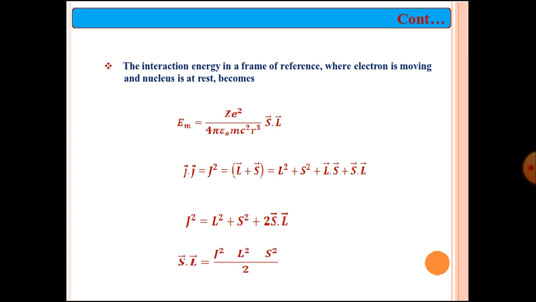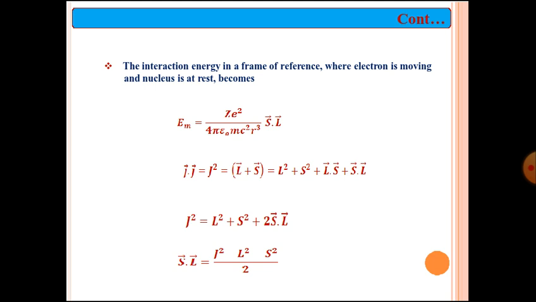The interaction energy in a frame of reference where the electron is moving and the nucleus is at rest becomes E = Ze²/4πε0 m²c²r³ s·l vector.